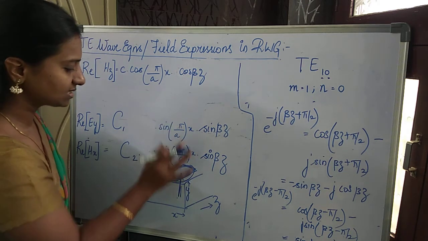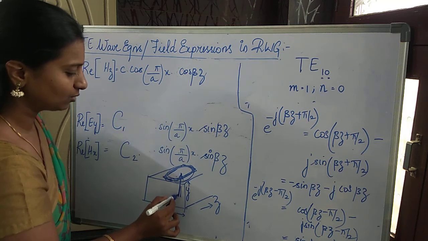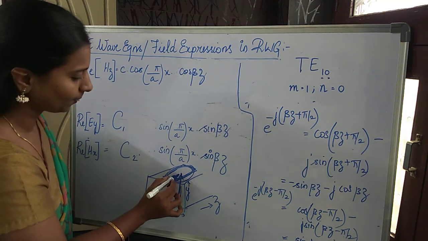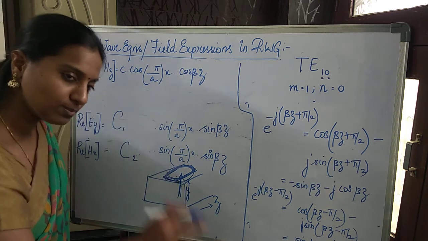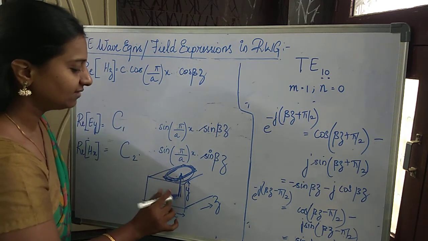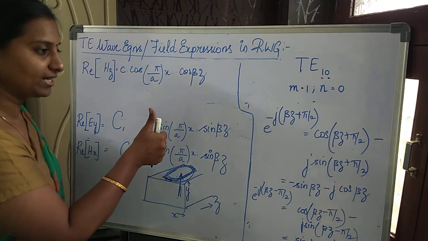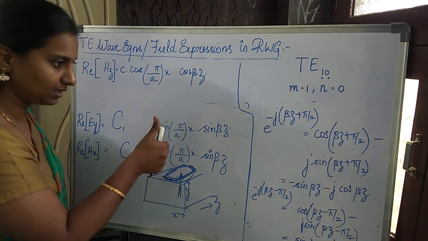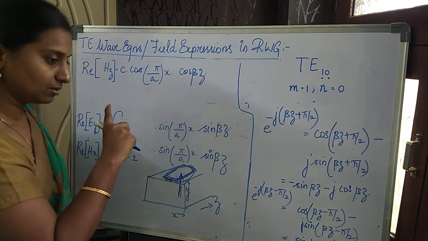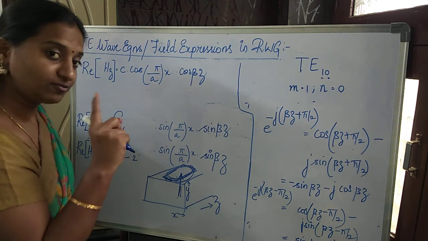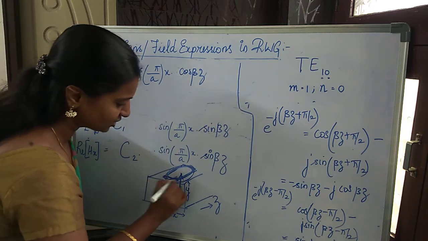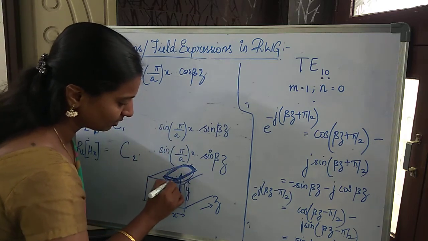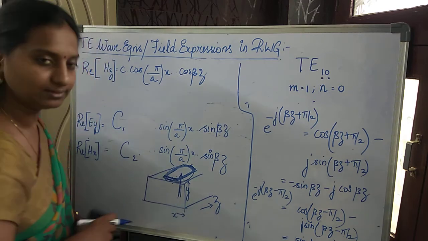Whenever Ey is maximum, whenever the electric field along y dimension is maximum, then magnetic field along x dimension will also be maximum. So whenever I have the electric field along y dimension at the peak, the magnetic field along x direction is also going to be maximum in this direction and in this direction, okay? We'll see that field pattern now.